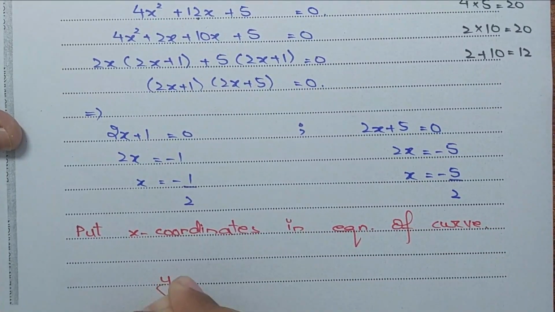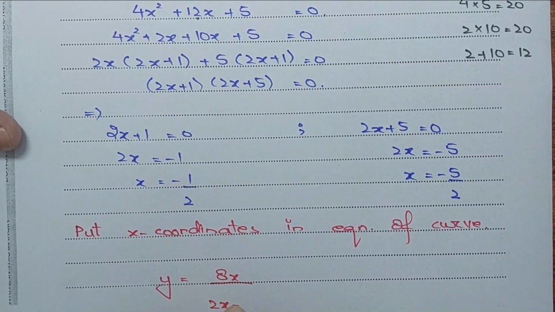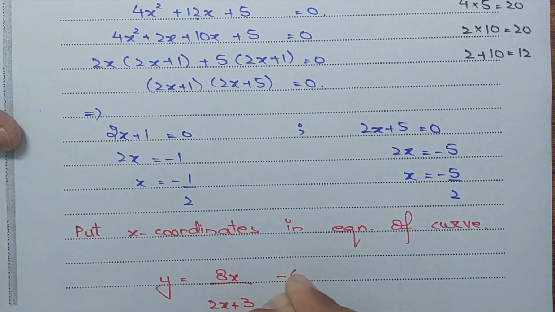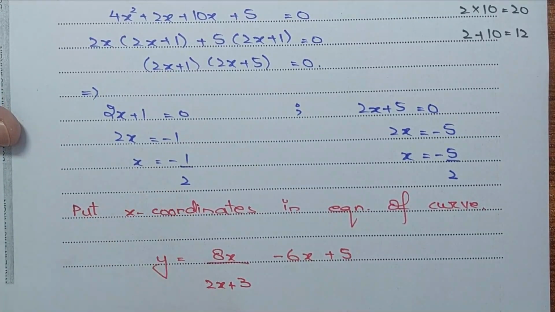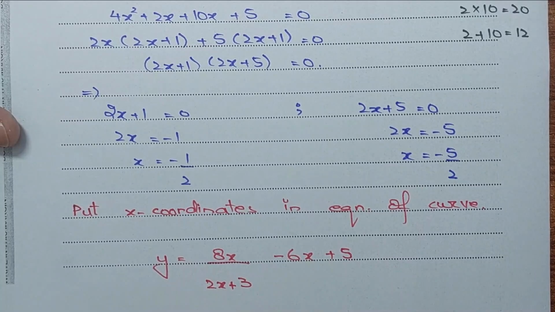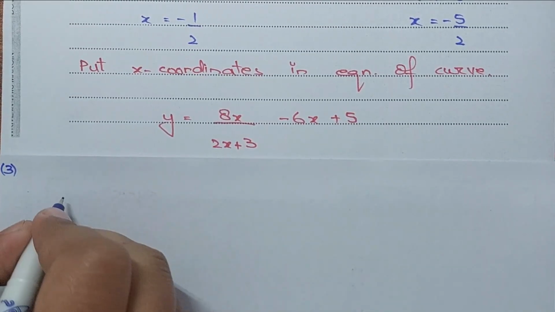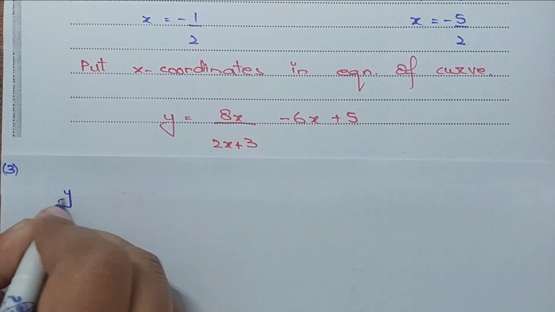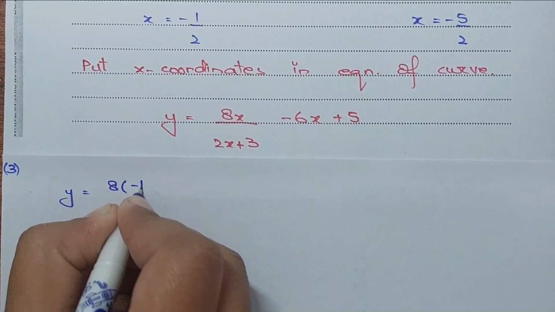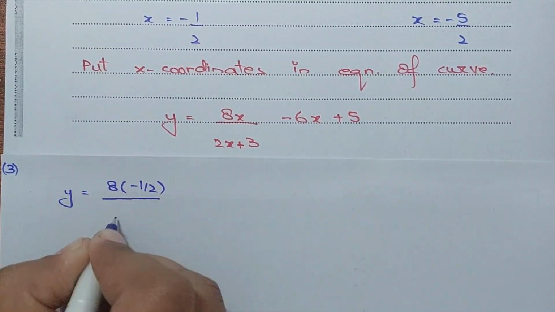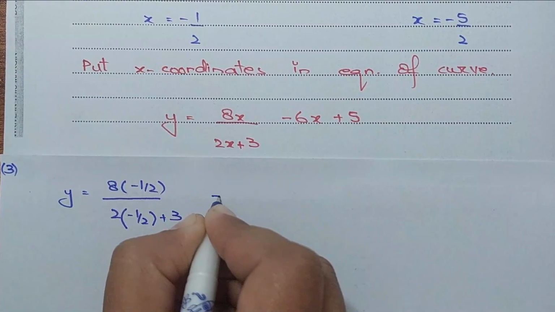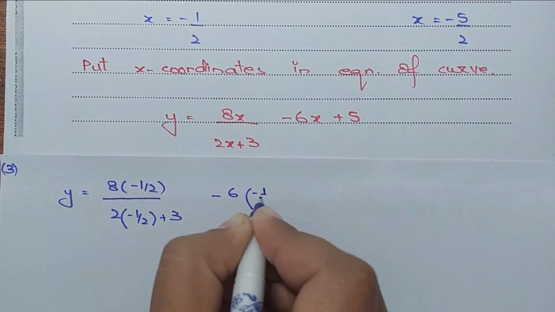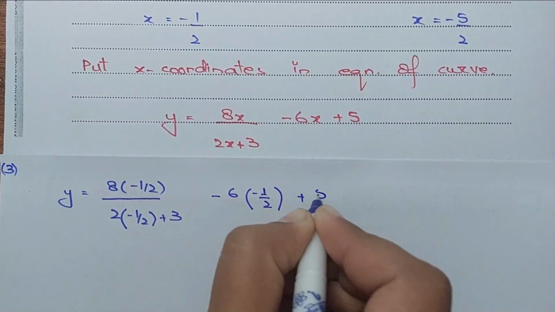The equation of the curve is y equals 8x divided by 2x plus 3 minus 6x plus 5. We need to put in 1 by 1, minus 1 by 2 and minus 5 by 2. Let me put x equals minus 1 by 2. So the y value is 8 into minus 1 by 2 divided by 2 into minus 1 by 2 plus 3 minus 6 into minus 1 by 2 and plus 5.